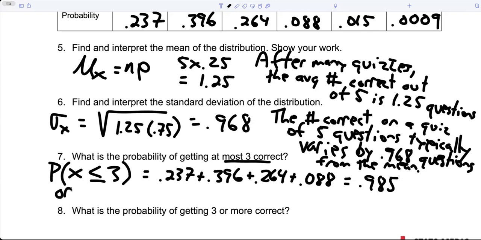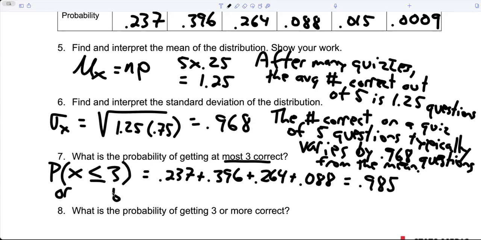Or we could use what's called binomial CDF. So we use PDF if it's exactly one outcome. We use binomial cumulative distribution function, CDF, if it's like greater than or less than or more than 1.